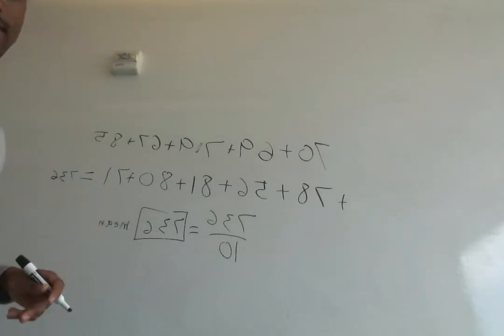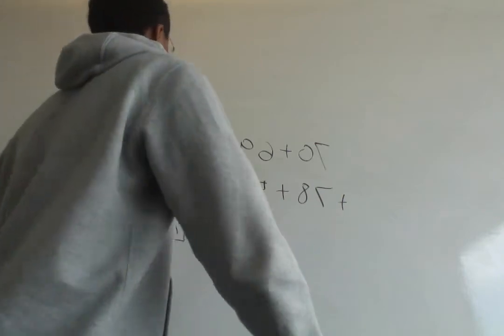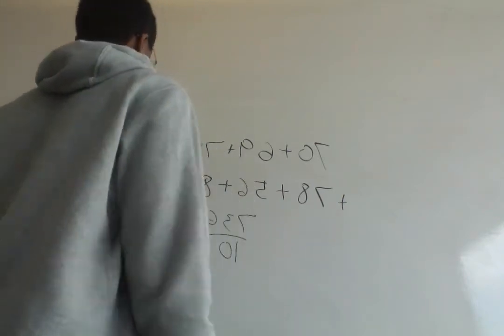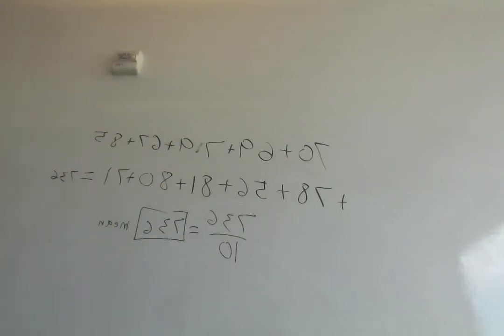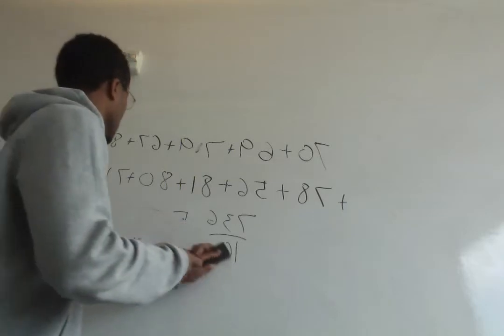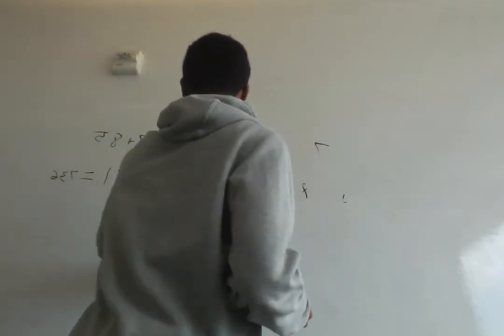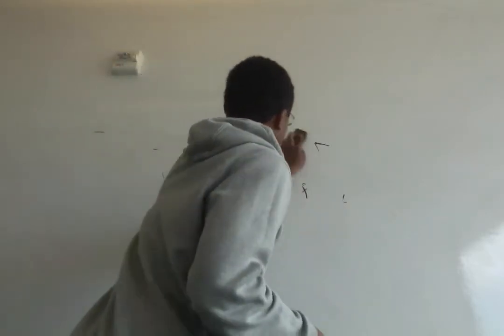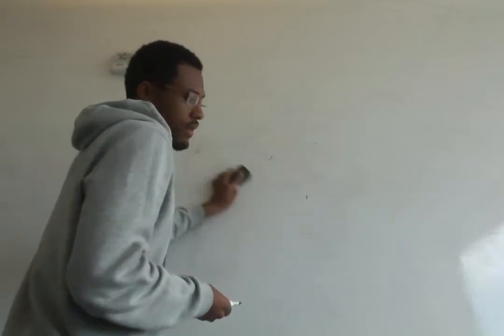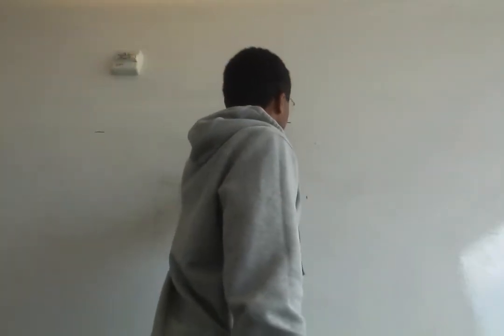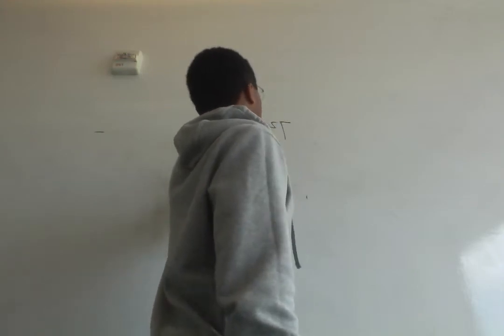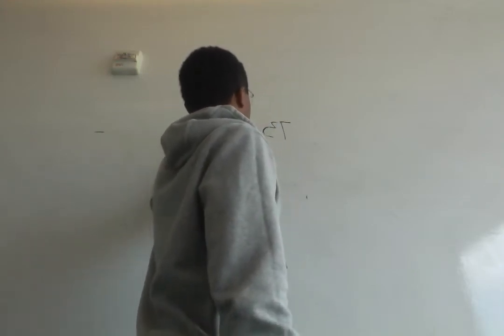So now we want to find the standard deviation. I'm sorry, the variance first. In order to find the variance, remember, we're going to have to utilize the mean. So that's the mean.